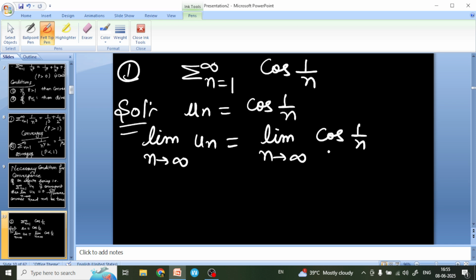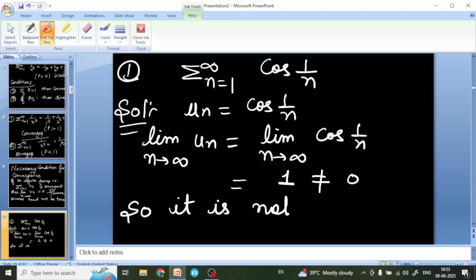And cos 1 by n, when we put n value as infinity, 1 by infinity, the cos value is equal to 1, that is not equal to 0. So it is not convergent.